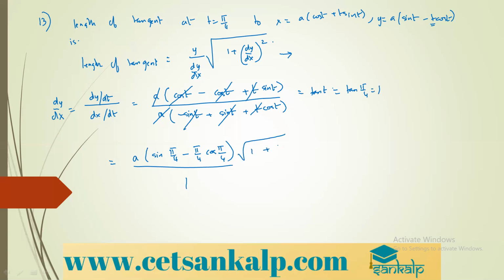Root of 1 plus dy by dx square is root 2. So we have a into 1 by root 2 minus pi by 4 into 1 by root 2, into root 2. So root 2 cancels. We have a into 1 minus pi by 4, and that will be the length of the tangent.